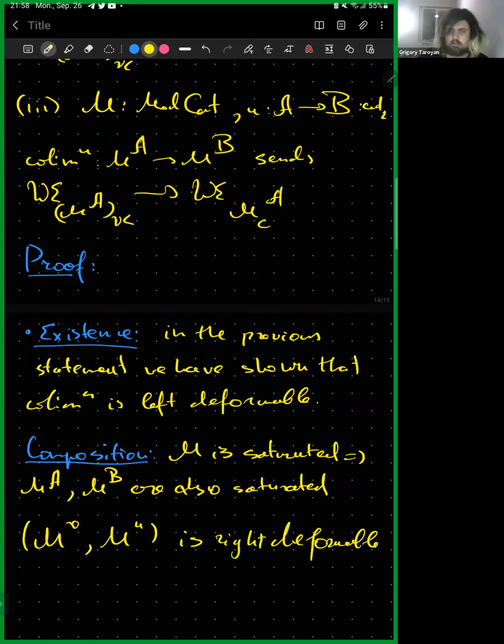So this pair is right deformable. And also the pair colimit U, colimit V is locally left deformable.